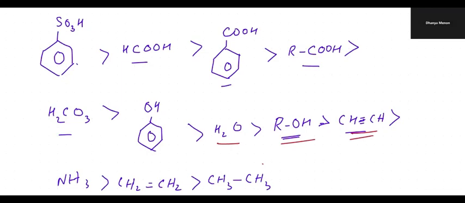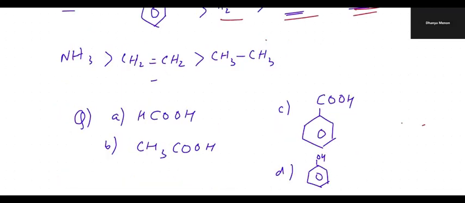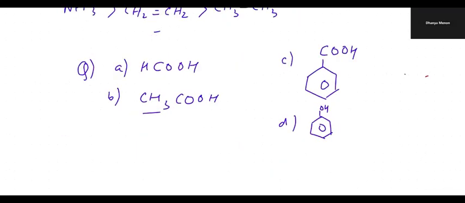So definitely, if you see the order, formic acid is more acidic because CH3 has plus I effect. So definitely formic acid is more acidic than acetic acid.